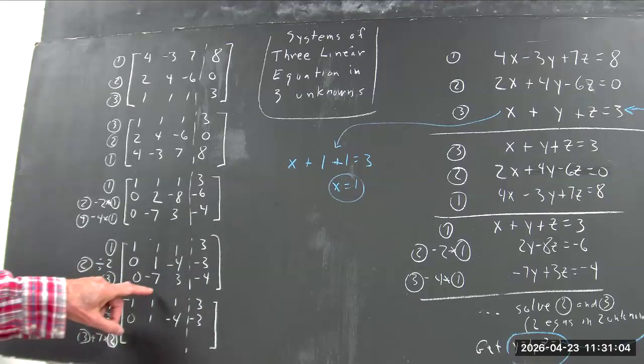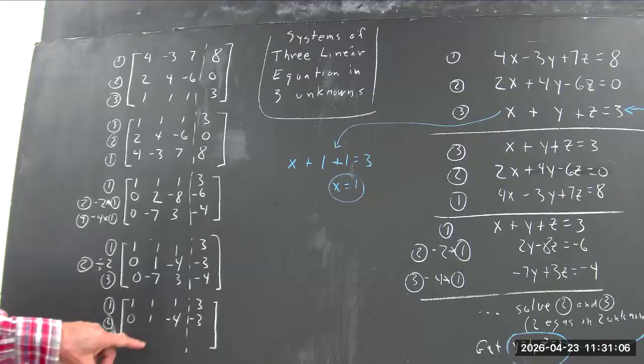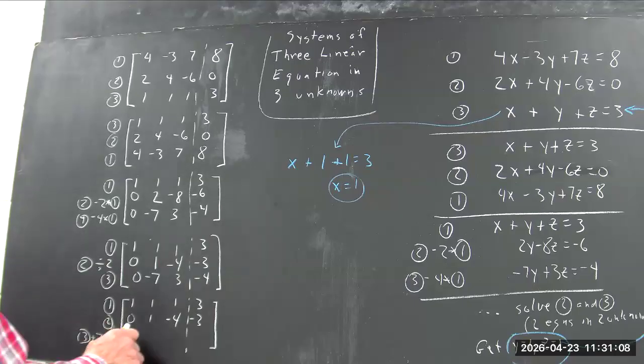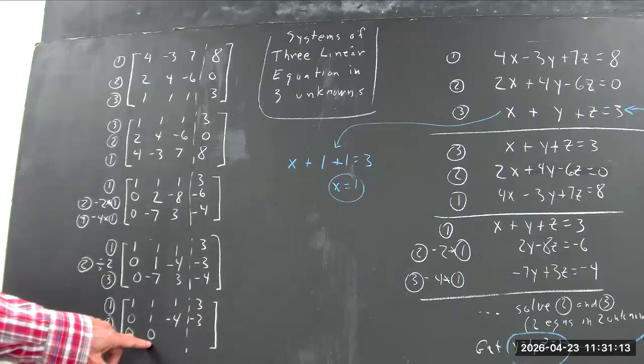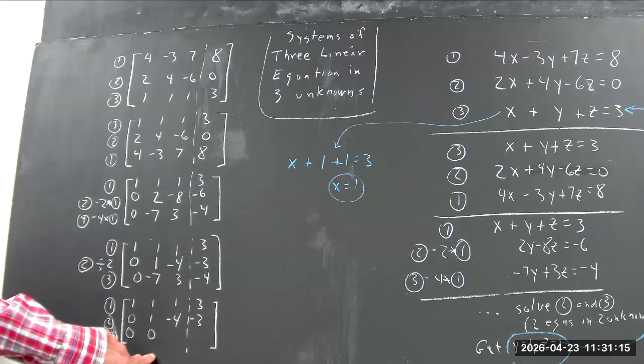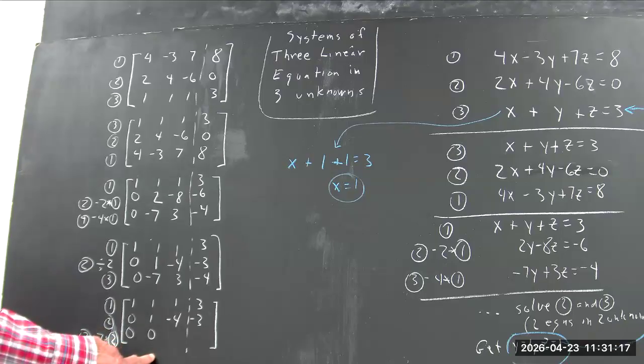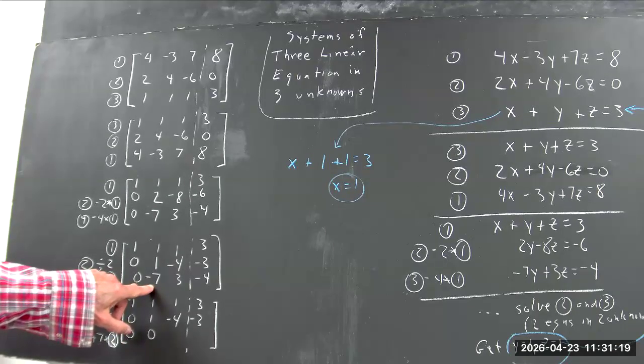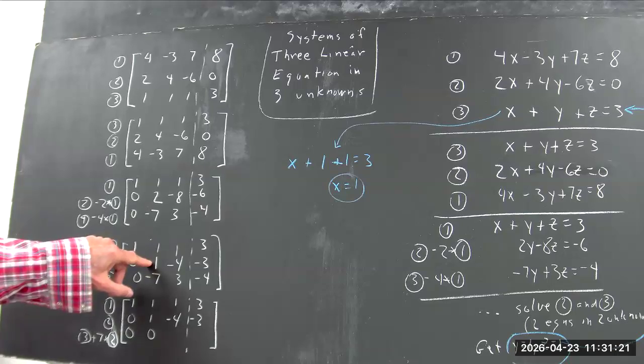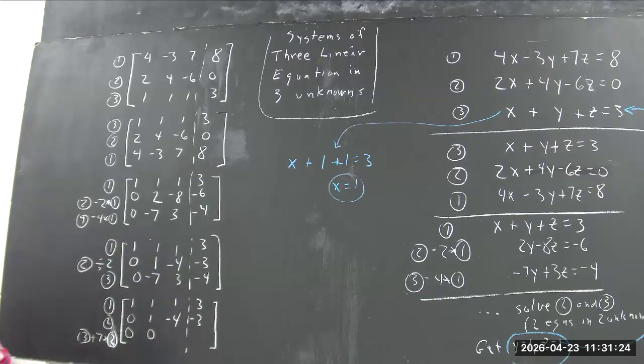And if you look at row 3, we've got -7, where we're going to want to have a 0. That's our whole goal, is to get a 0 in the third row, second column. We have a -7 there. If we add that to 7 times the number in row 2, we're going to have 0.